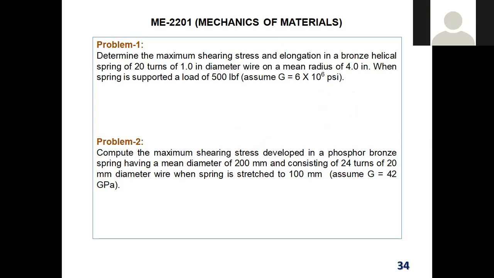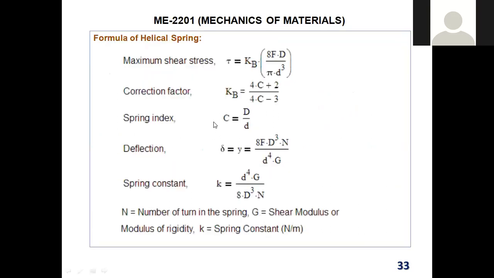Sir, here we have determined the shear stress at the outer surface of the spring. Now, if I want to determine the shear stress inside the spring material at a distance rho, can I replace the d in the shear stress formula with rho? Right over here.